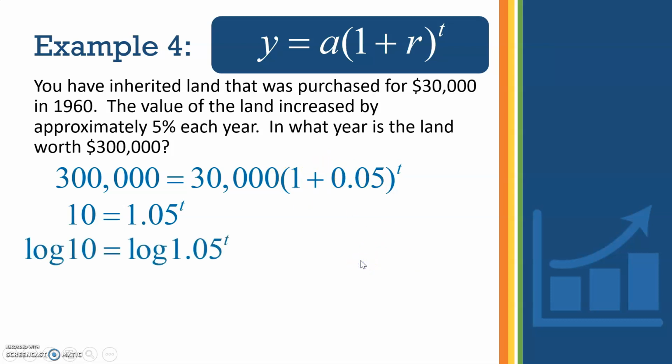Now we'll take the log of both sides. Coincidentally, this does not always happen, but the log of 10 is 1 because log base 10 of 10. I'm just going to leave it as log 10 because we're not always able to simplify there. Now that we have a logarithm, we can use a property of logarithms, bringing the exponent down as a coefficient, and we can divide both sides.